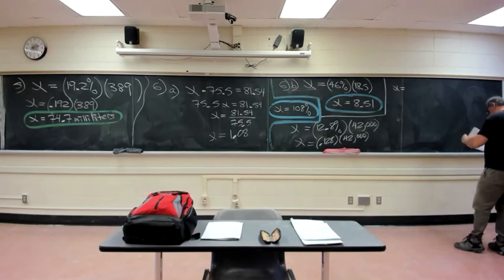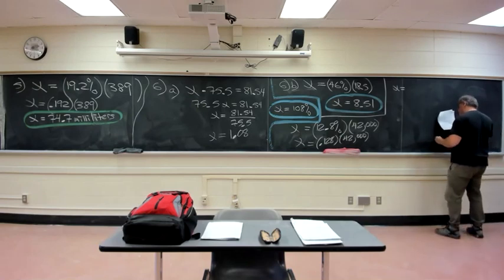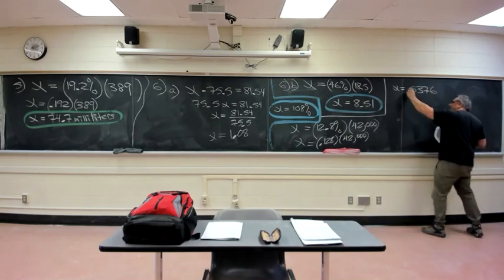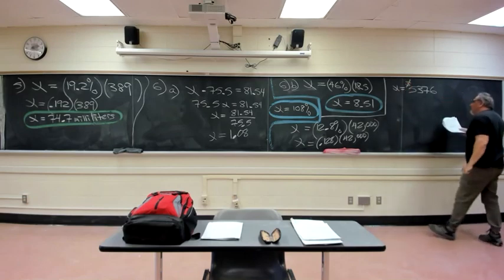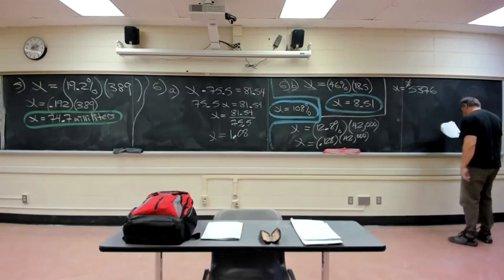What we got here is a lot of money. What it comes out to is $5,376. We just do the math and we'll get that.